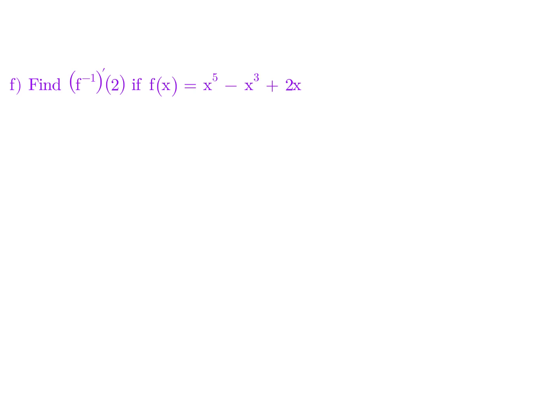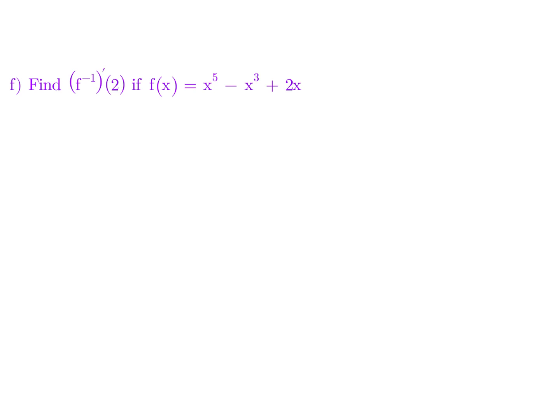We don't know what the x value is for the original function when y equals 2, because that's what this is saying. For the inverse function at 2, that was the original y value for the function. And so we need to find that original x value.